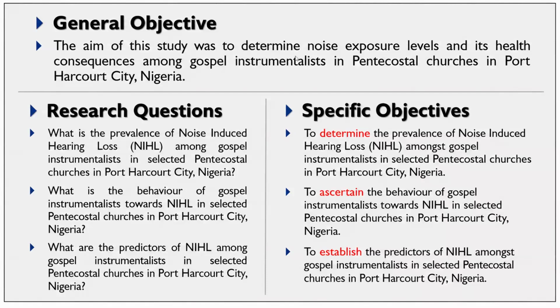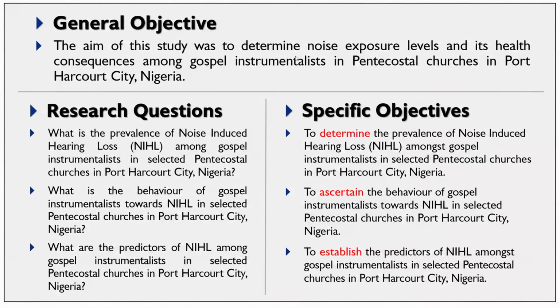So if your research objective is to determine the prevalence of noise-induced hearing loss among gospel instrumentalists in selected Pentecostal churches in Port Harcourt City of Nigeria, your research question should be the same, but in question form. What is the prevalence of noise-induced hearing loss among the population?